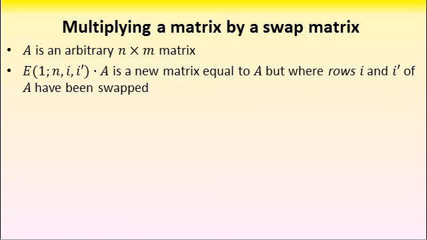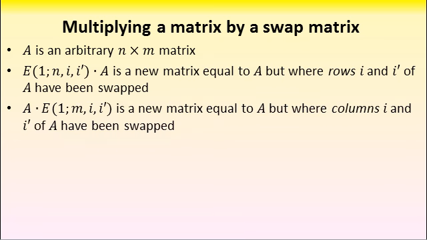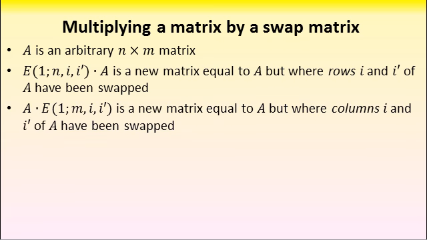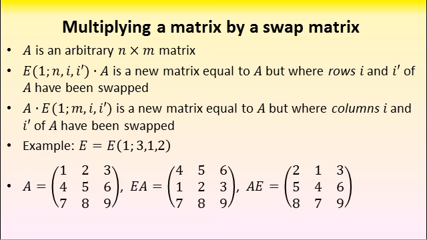And so here is the result. If A is an arbitrary n by m matrix, then E times A will be a new matrix equal to A, but where rows i and i prime of A have been swapped. Similarly, if you post-multiply, then since the dimension of A is n by m, E must have m rows, and the effect will be to swap columns i and i prime of A. And here's one more example. E is 3 by 3 swapping rows 1 and 2, and A is a 3 by 3 matrix.